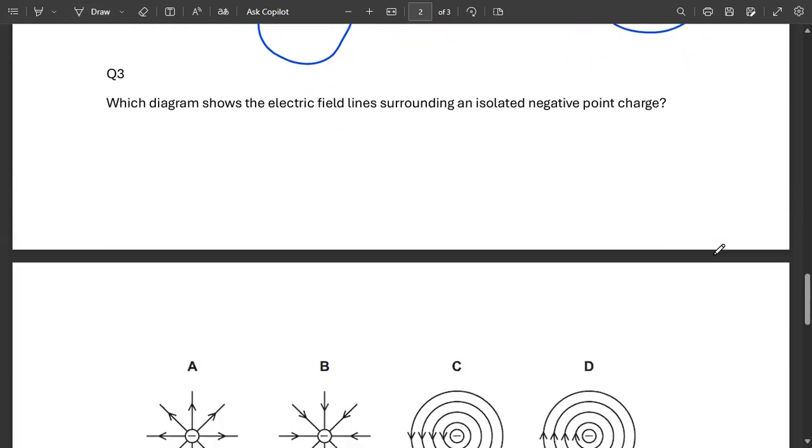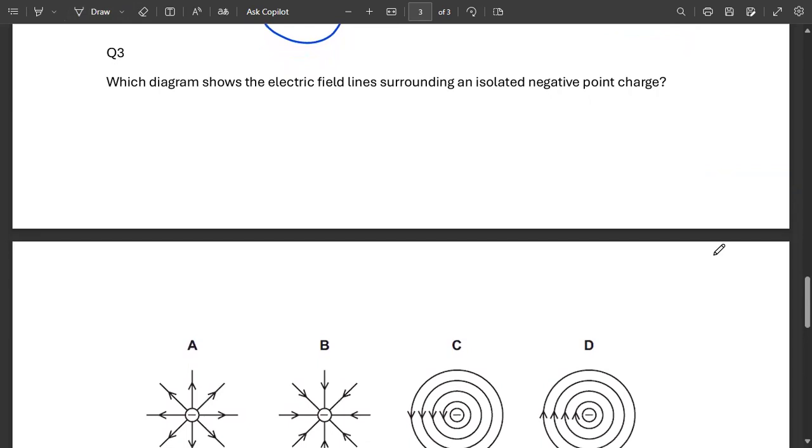Question 3 is saying, which diagram shows the electric field lines surrounding an isolated negative point charge?